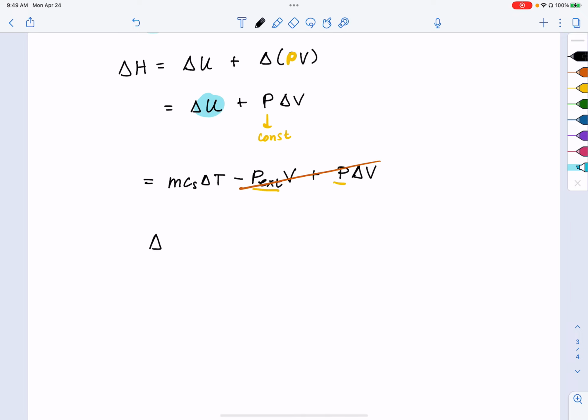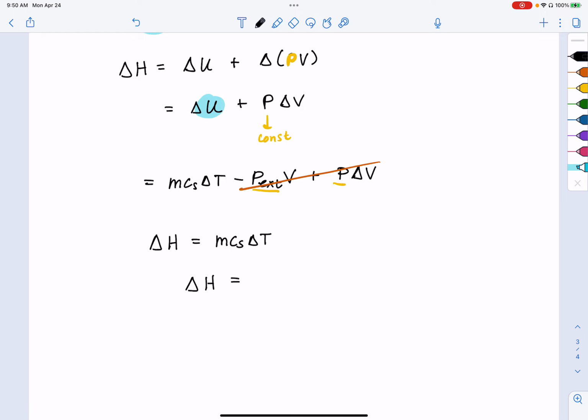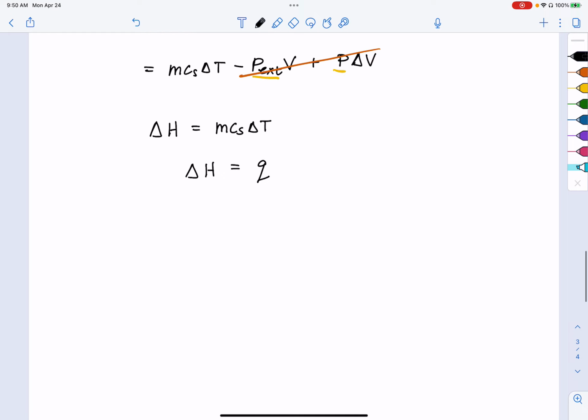This leaves us with the change in enthalpy equal to mcΔT, or you will sometimes see this as the change in enthalpy of a chemical system being equal to the heat that is exchanged or evolved or transferred as a result of our system being held at constant pressure, so heat at constant pressure.